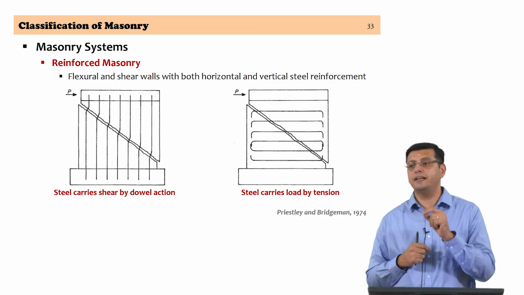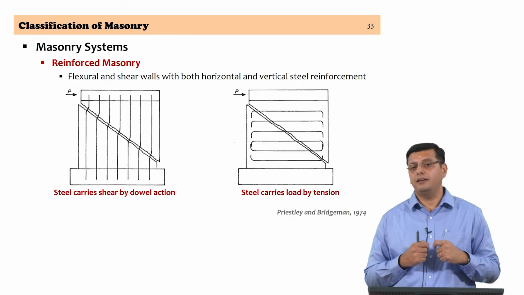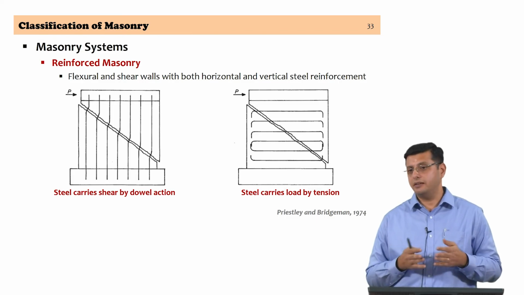So, the horizontal steel has a very critical role to play in providing the lateral resisting capacity to the masonry wall.